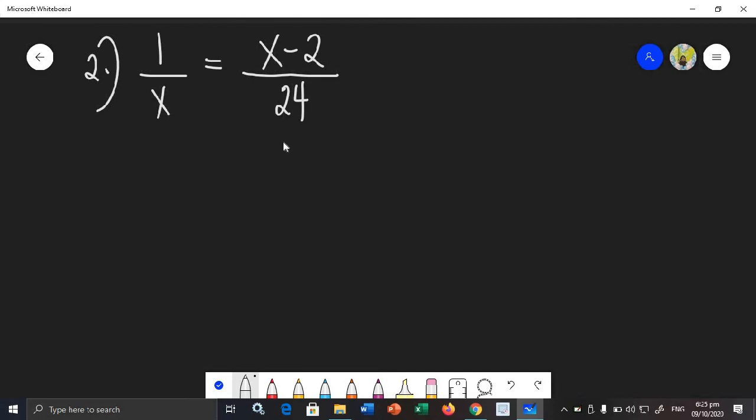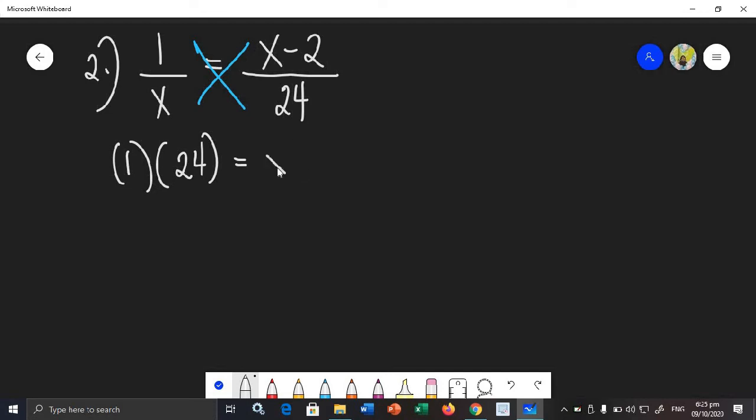Kanina, kapag nakakita kayo ng given na nasa ganong format, ang gagamitin po nyo ay distribution method or distributive method. Okay? Dito is cross-multiplication. Okay? So, ang mangyayari po dito, magiging siyang 1 times 24. Okay?